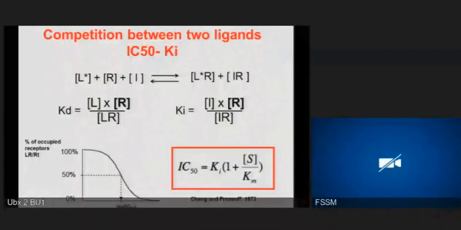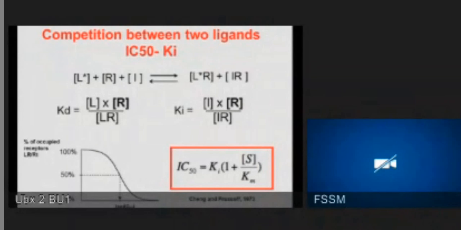Then, we are using an indirect method to get the KD. And in fact, we won't get directly the KD of one new drug or an inhibitor. Directly the KD, we will get the Ki, the dissociation constant for a new compound.